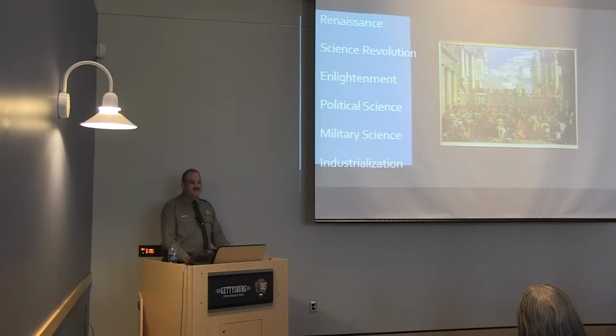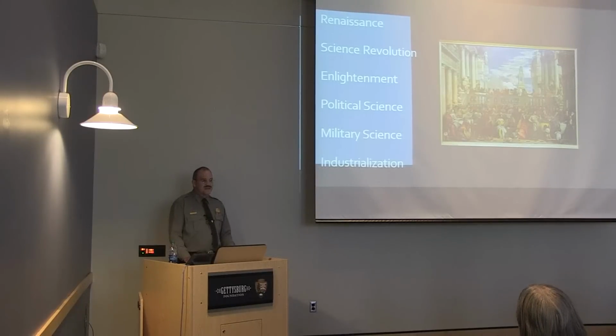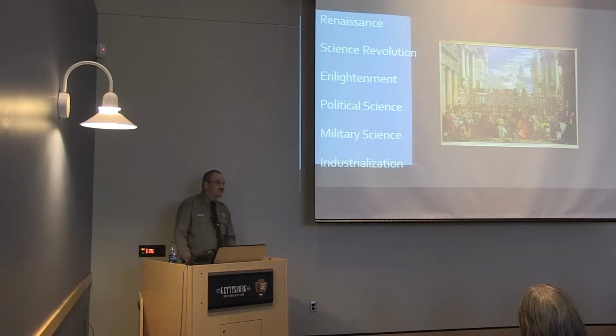The science revolution would be the next major movement. When you think of the science revolution, you think of Galileo, Tycho Brahe, Isaac Newton, and they tried to scientifically explain the heavens. They tried to mathematically come up with equations and quadrants and calculus, and all of that was invented in the 1600s and 1700s to try to explain the universe in logical mathematical terms.